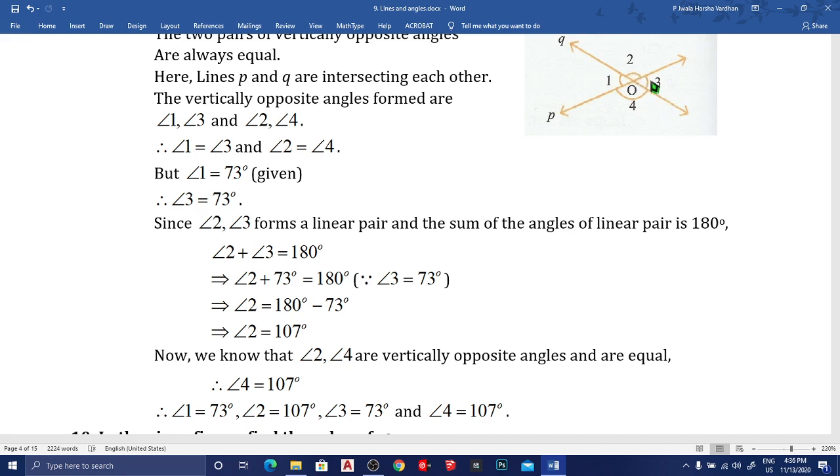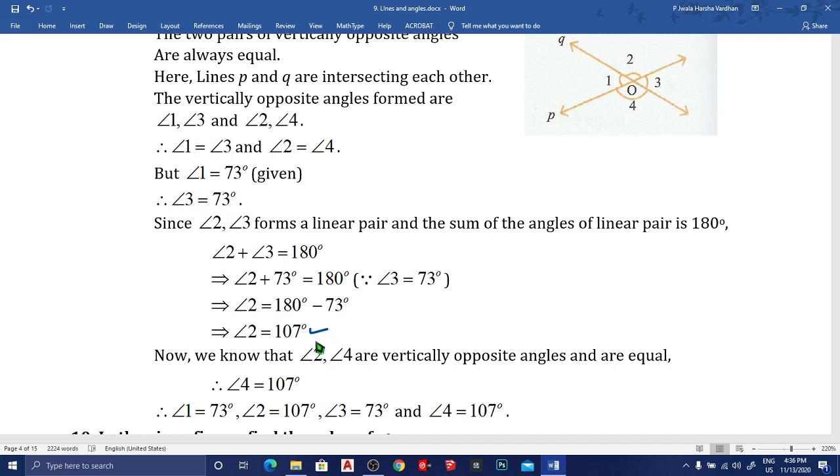You know angle 3 and you have to find angle 2. Angle 2 plus angle 3 is 180 degrees. Substituting 73 degrees for angle 3 and sending it to the other side, angle 2 is 180 minus 73, which is 107.